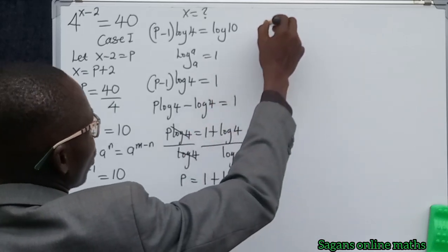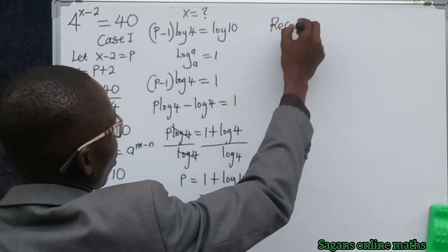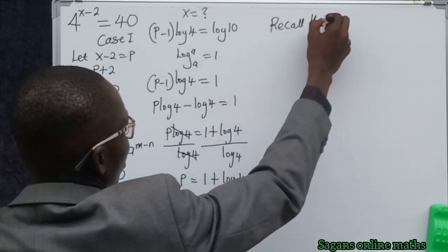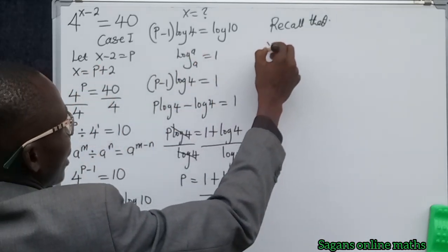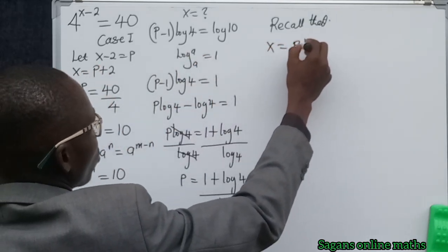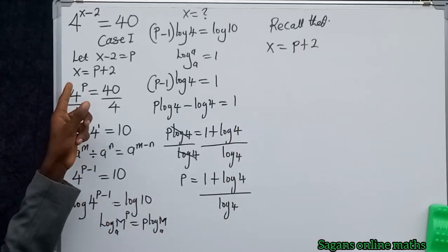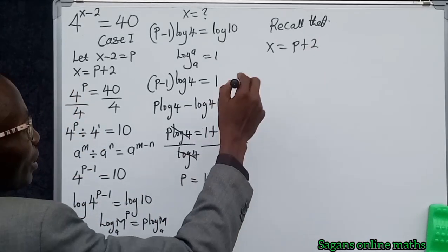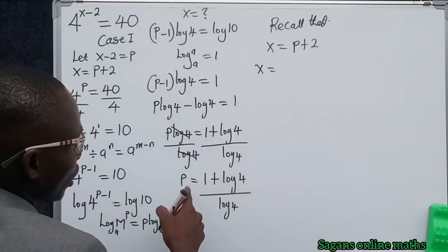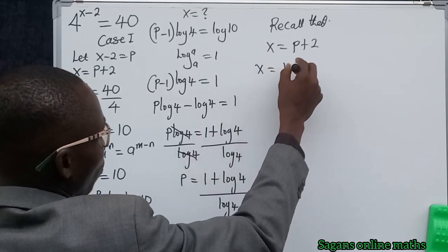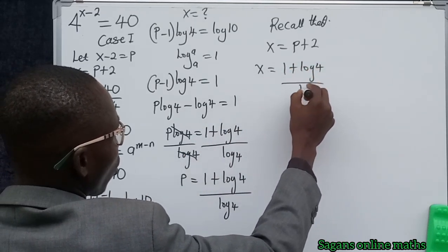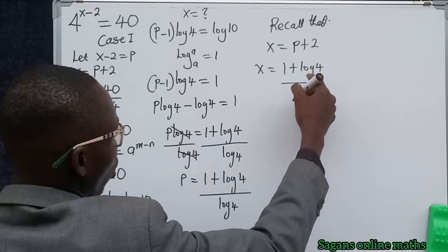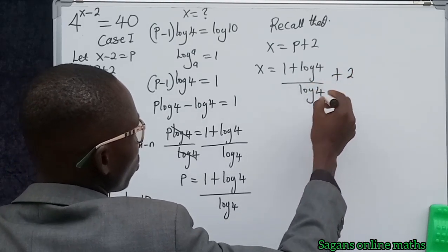Now let's recall something very interesting. Recall that from here, x is equal to P plus 2, because we're looking for x. So it means that x is equal to, look at P, P is 1 plus log 4 divided by log 4 base 10, all in base 10, plus 2.